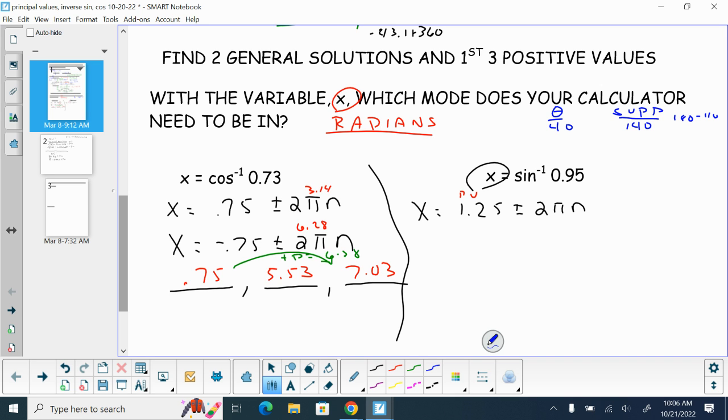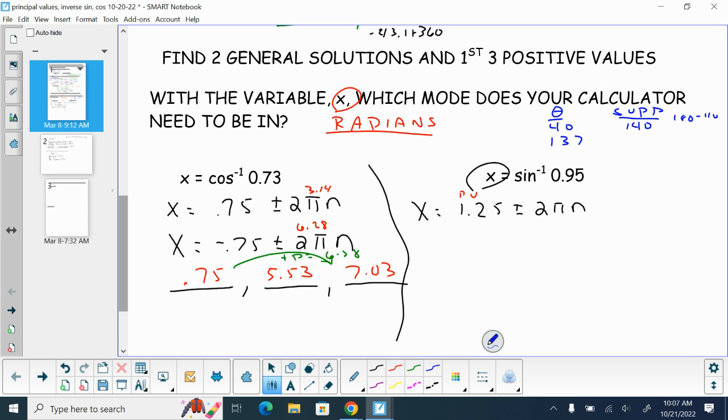Okay. What if I had 137 degrees? What would be the supplement to 137 degrees? Nick? 43.